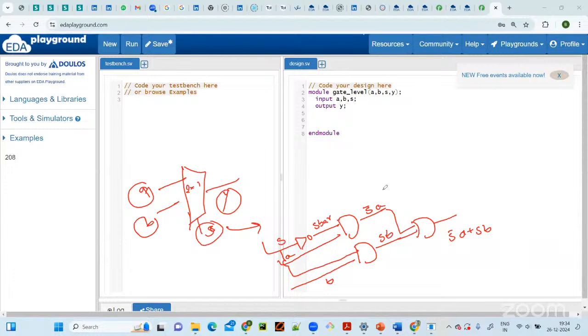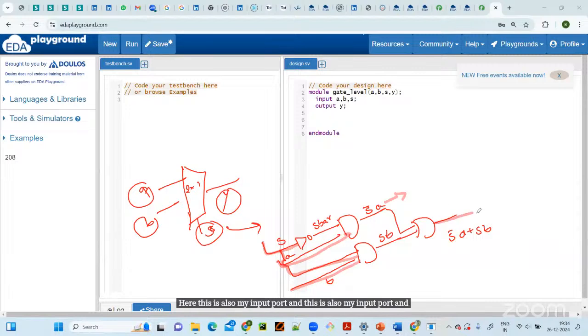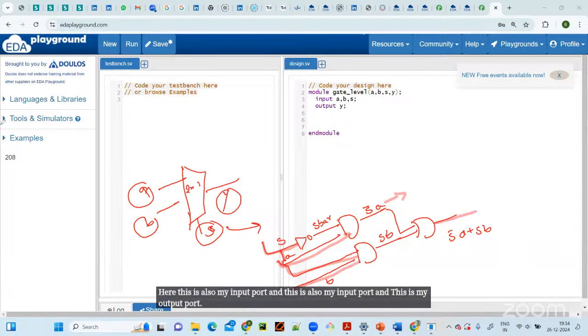Okay, so see here, this is my input port, and this is also my input port. This is also my input port, and this is my output port. But what about the remaining things?